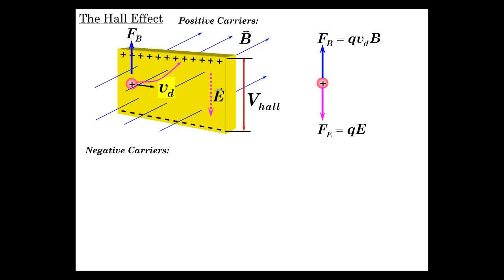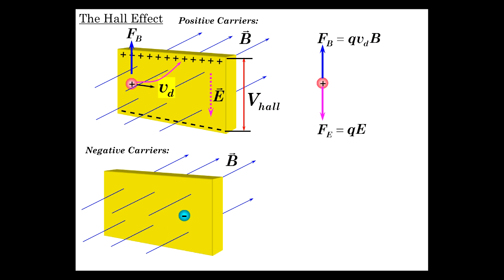Okay, so now considering these as negative carriers, we have our magnetic field. We'll just consider this an electron for simplicity, drifting the opposite way. Now you'll recognize with the right-hand rule that the magnetic force is in the same direction. So we end up, though, with negative charges on the top, positive on the bottom.